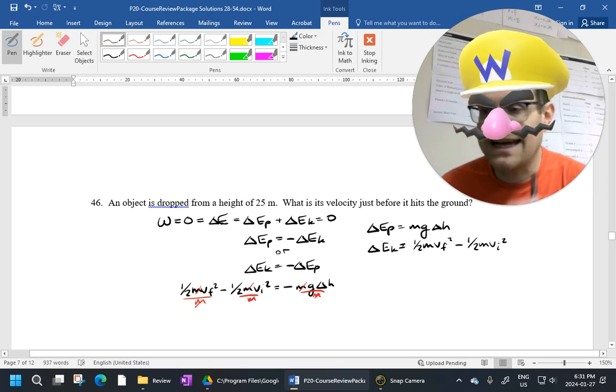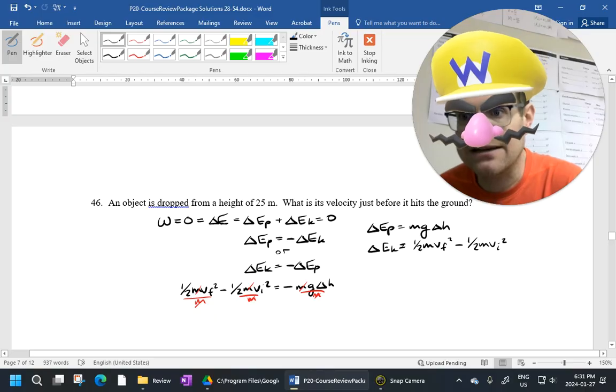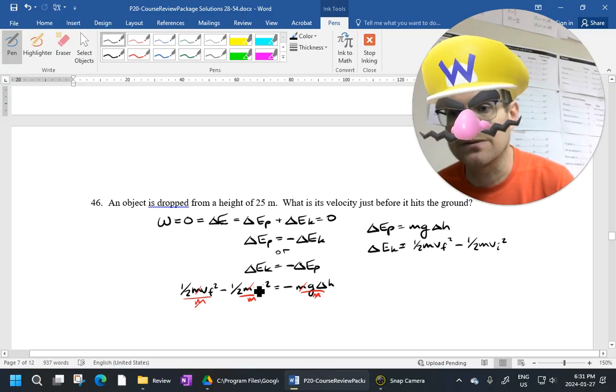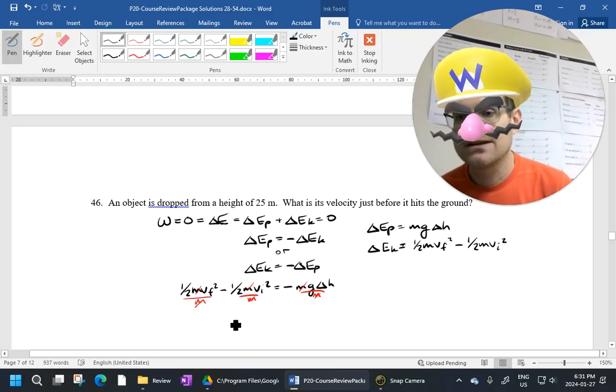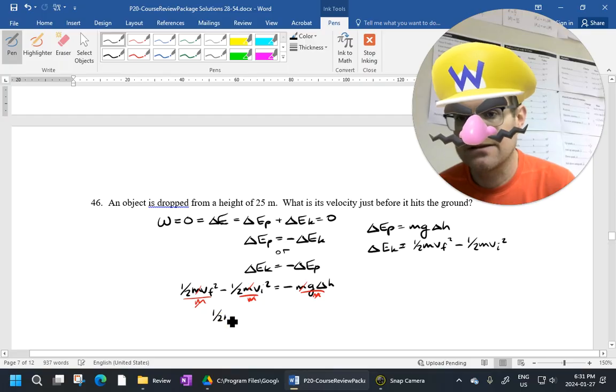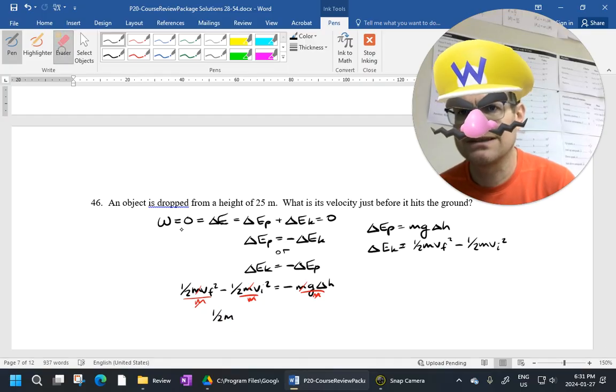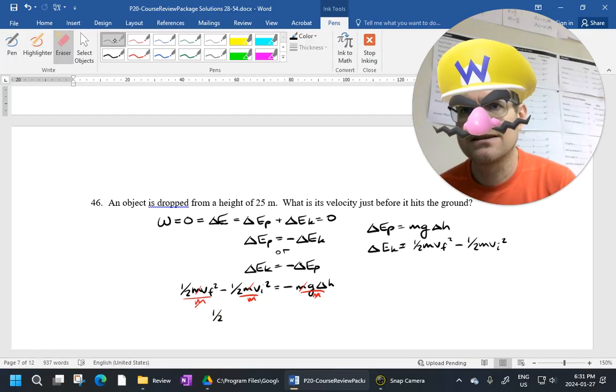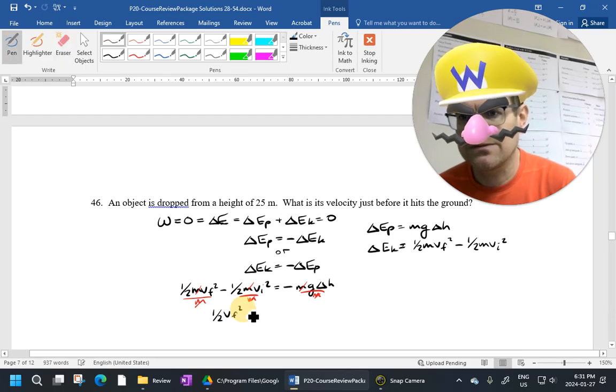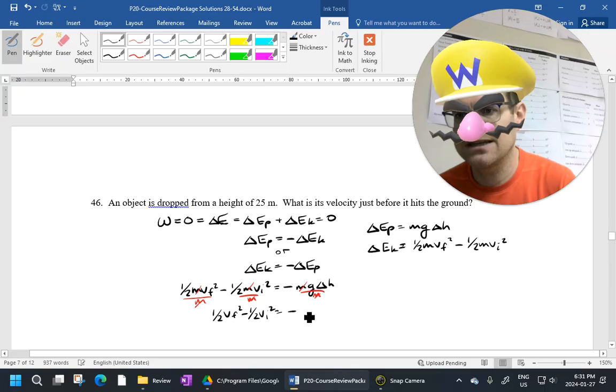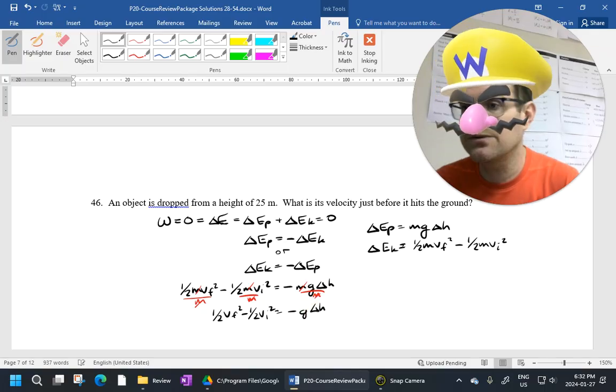If one of them didn't have an m in it, you couldn't do that. You'd have to find the mass some other way, or they'd have to give it to you. So far we have 1/2 vf squared minus 1/2 vi squared is equal to negative g delta h. So we don't need the mass to do the question.